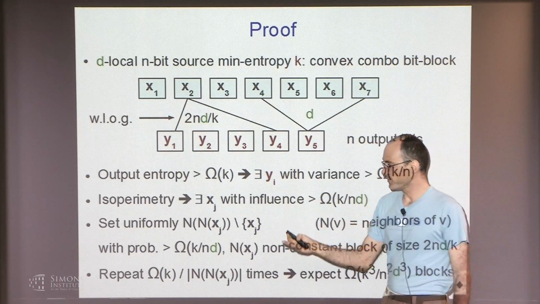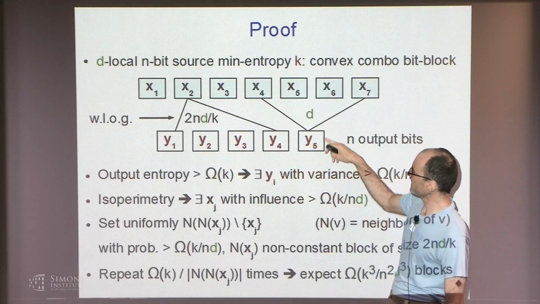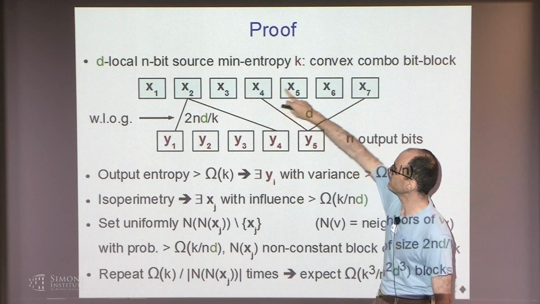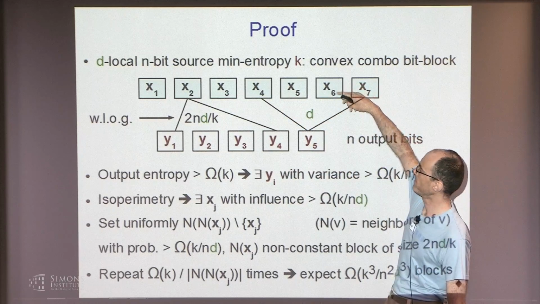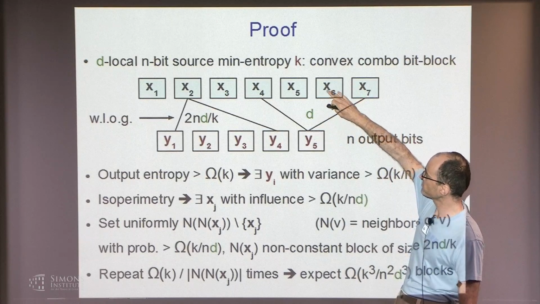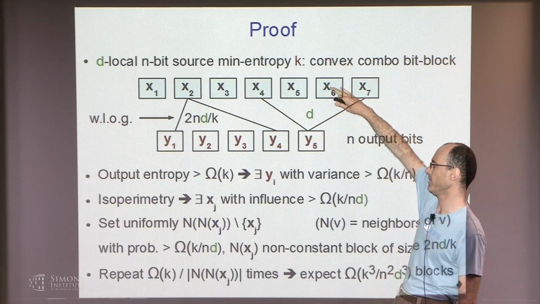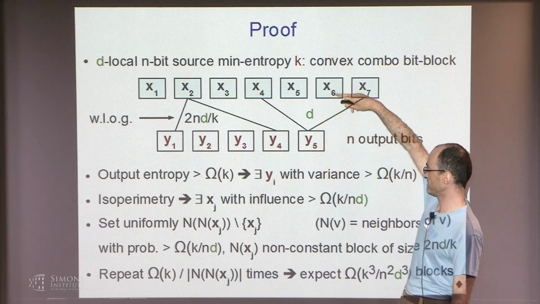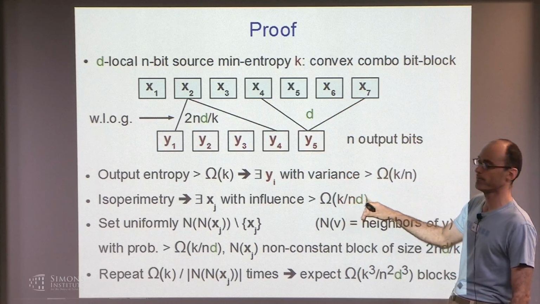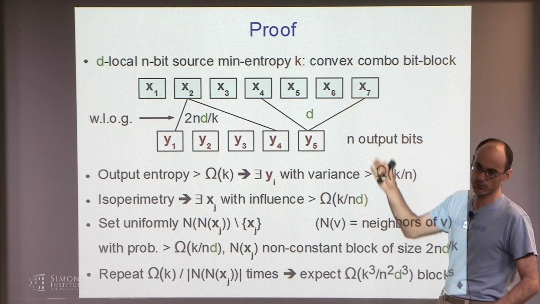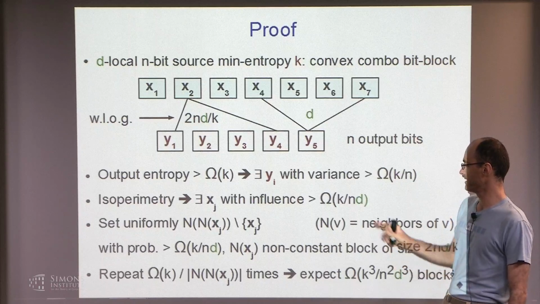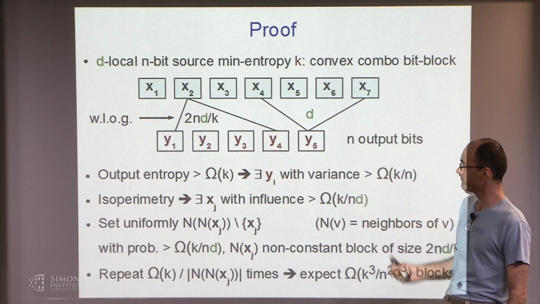By an isoperimetric argument, if this thing has a variance, well, then one of these bits here that are the input of this bit here must be somewhat influential. So the influence will be the variance divided by d into d, because there's d bits here, one of them has to at least influence variance divided by d.